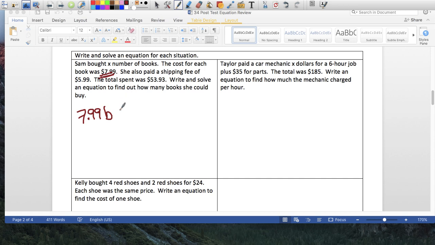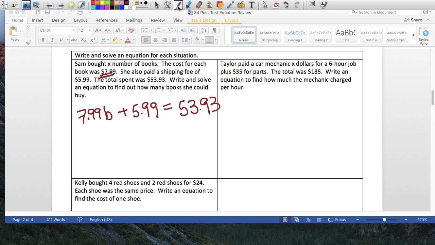There is a postal fee, so it's going to be plus $5.99, and that's all going to have to equal $53.93. So $7.99 times however many books she bought plus the post office fee of $5.99 equals $53.93.